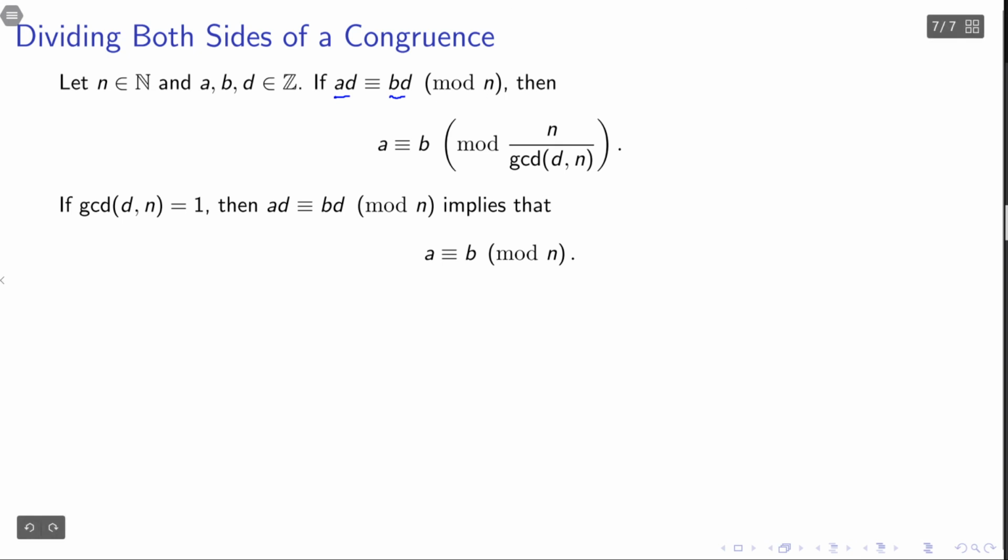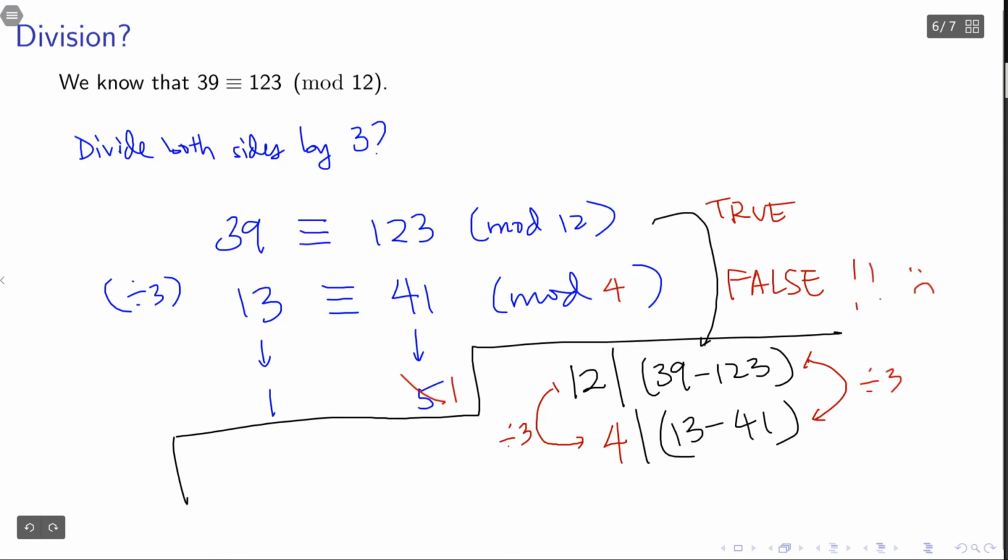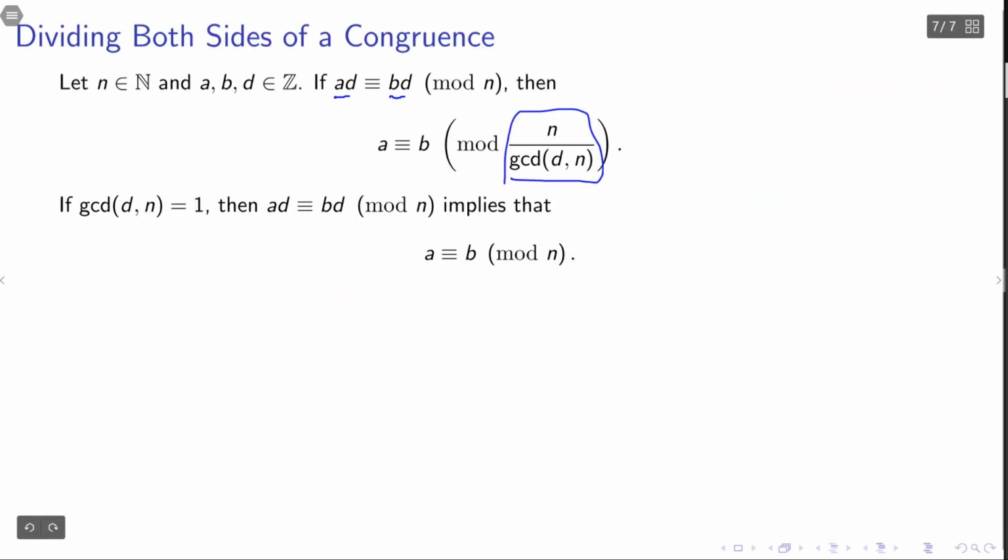It's going to be a statement modulo N divided by the GCD of D and N. And we saw that in the previous page. We were dividing by 3, that's your D, and the GCD of D and N is the GCD of 3 and 12, which is 3. So you have to divide 12 by 3 to get 4. That's what this property says.